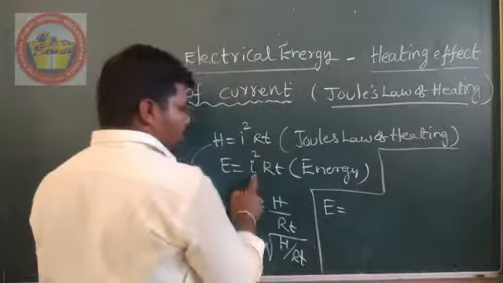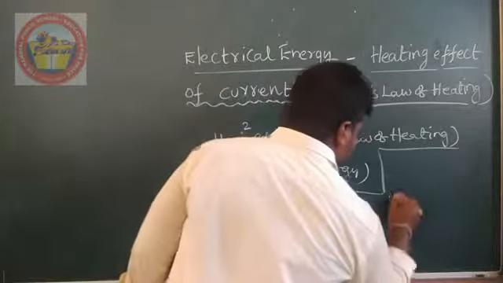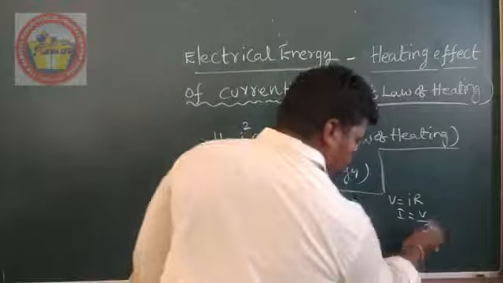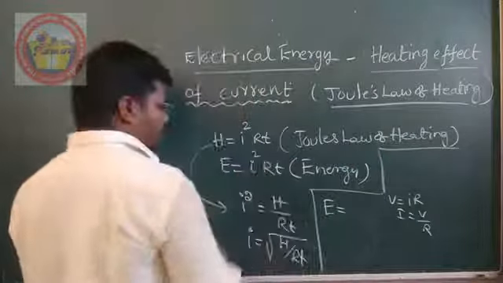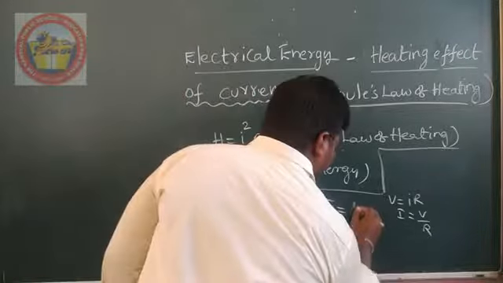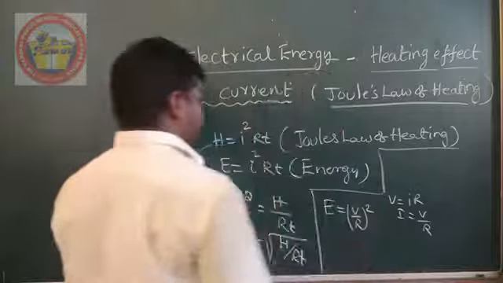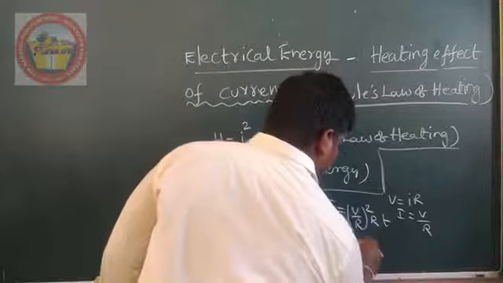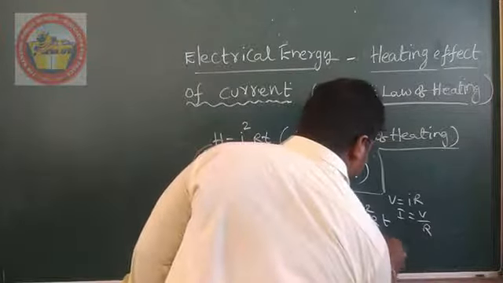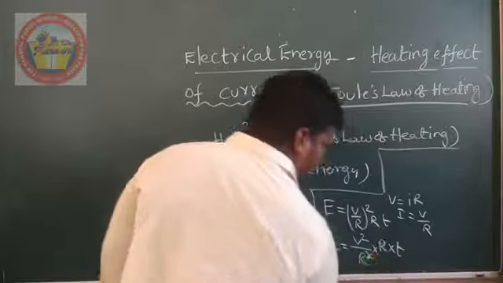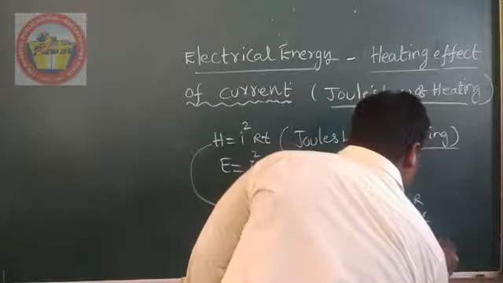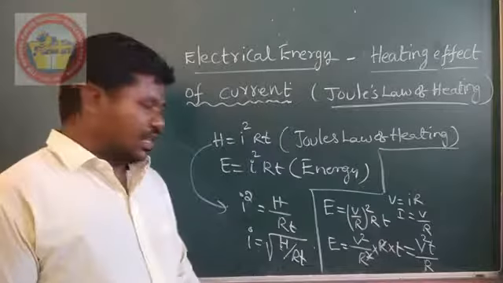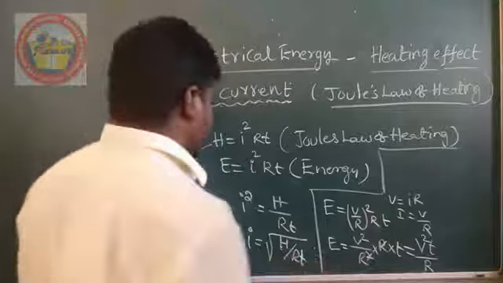According to Ohm's law, V is equal to IR, then I is equal to V by R. So we can write electrical energy as V by R whole square into R into T. E is equal to V square by R square into R into T. R gets cancelled, and you get V square T divided by R. Okay, these are the different expressions.